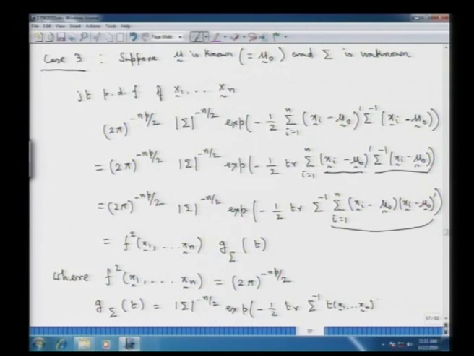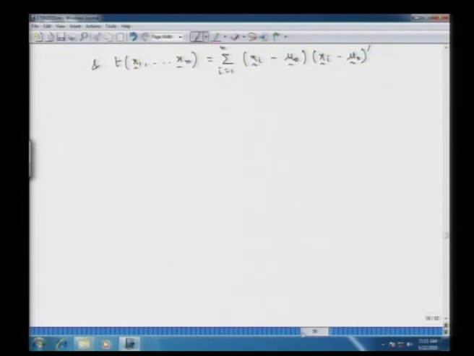So, that is a known quantity, and this T(x1, x2, xn) is nothing but the matrix summation i equal to 1 to n (xi vector minus mu naught vector) multiplied by (xi vector minus mu naught vector) transpose.